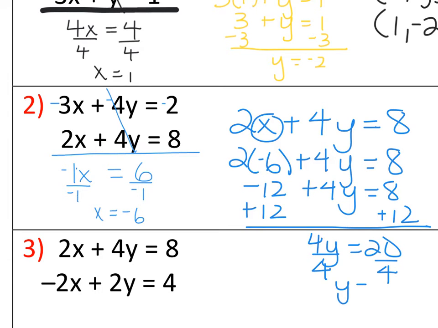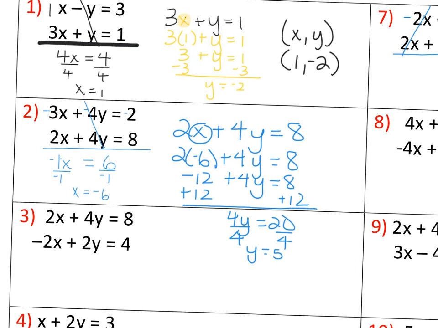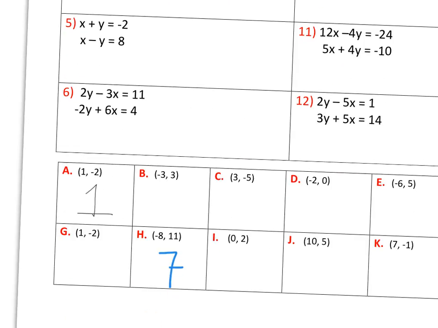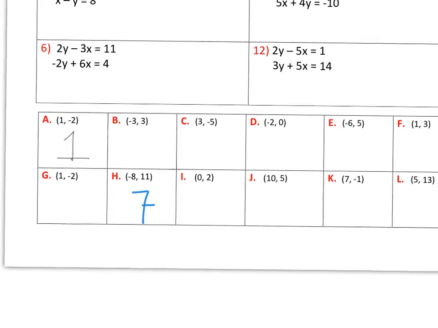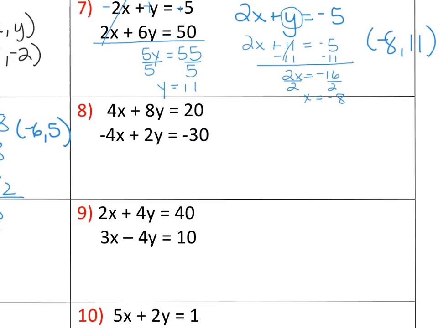Y equals 5. So my answer, -6 needs to come first. So it's going to say -6, comma, 5. Okay, so I'm going to go down to the bottom, and I'm going to look for that answer. There it is. It's letter E. I'm going to put a number 2. That's ugly. Sorry.